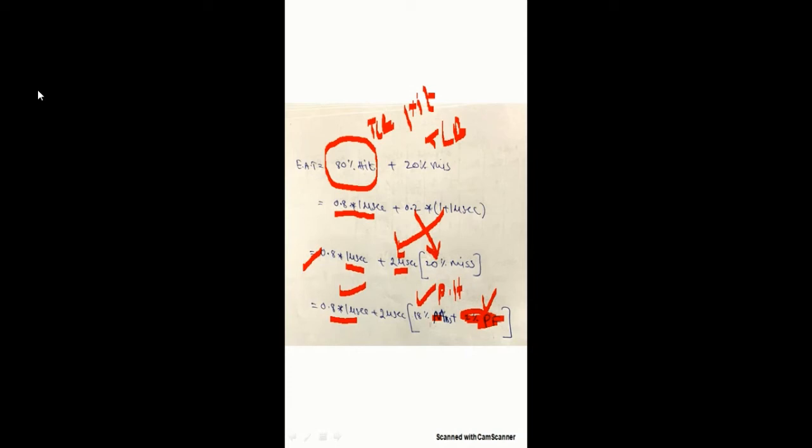Now, let's move further. Look here. You have 0.8 into 1 microsecond, plus 2 into 0.18, plus 2 into PF. PF is how much?